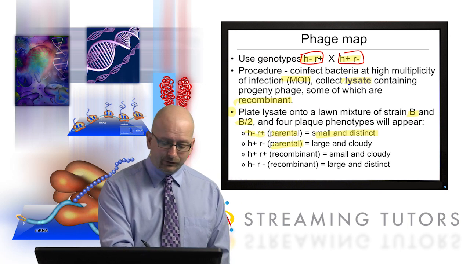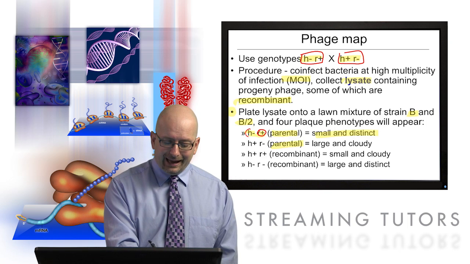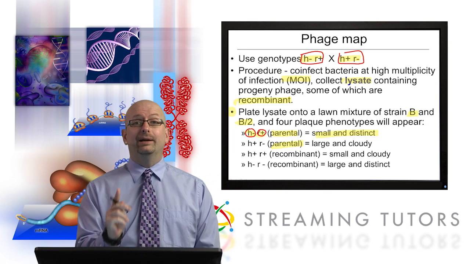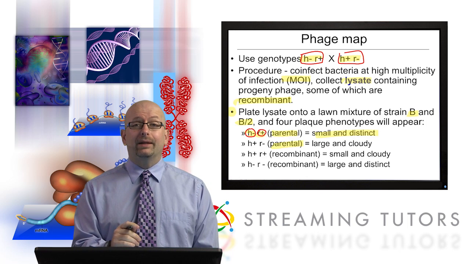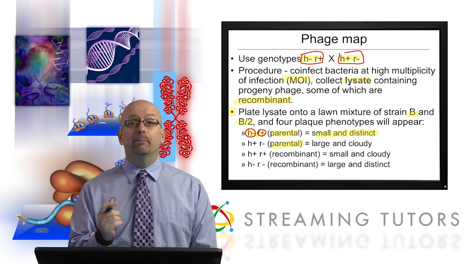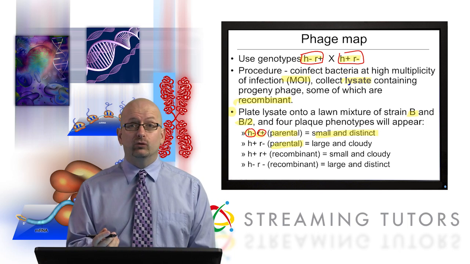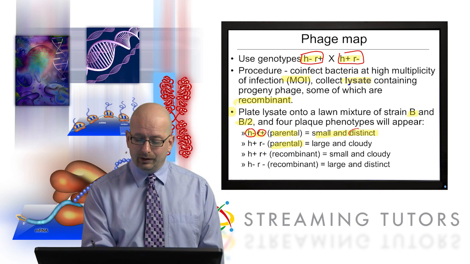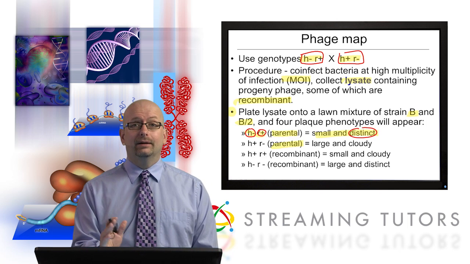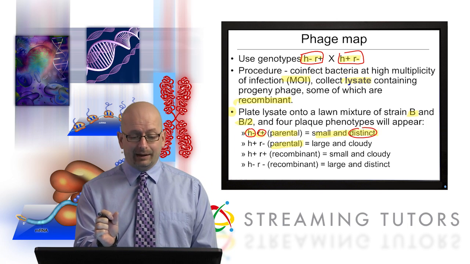So the small plaques come from the R plus. The H minus, they're distinct because this is a mixture of the 2 strains of E. coli. H minus can grow on both of those strains, can infect both of those strains. So all the bacteria are getting killed in a particular area. That's what we mean by distinct, not cloudy. You really see a plaque there.